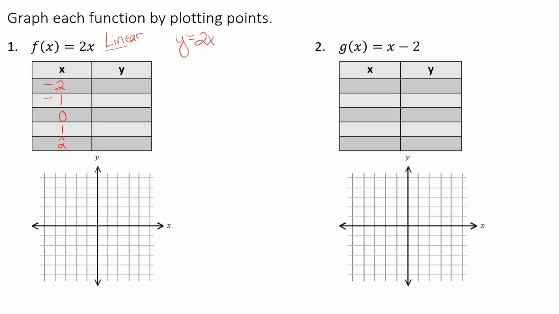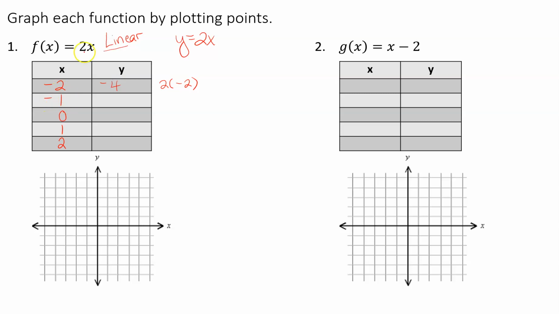If you need to show the work, sometimes you will, sometimes you won't. But if you needed to, you could just come out to the side of your table, and when x is -2, I'm taking 2 times -2. Again, just like when we were evaluating, we put the number in place of the x. These are multiplied, so we multiply 2 times -2, and the y value would be -4.